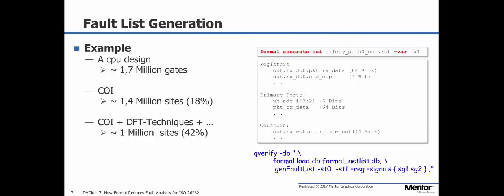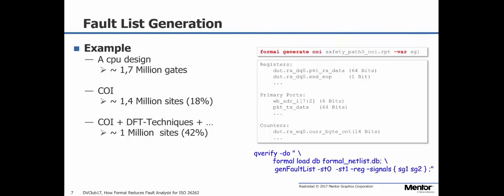The key basis for this is what the tool provider gives you as a utility. Here in Questa Formal we have what we call the formal cone of influence, and you can ask the tool to give you the cone of influence of any signal.